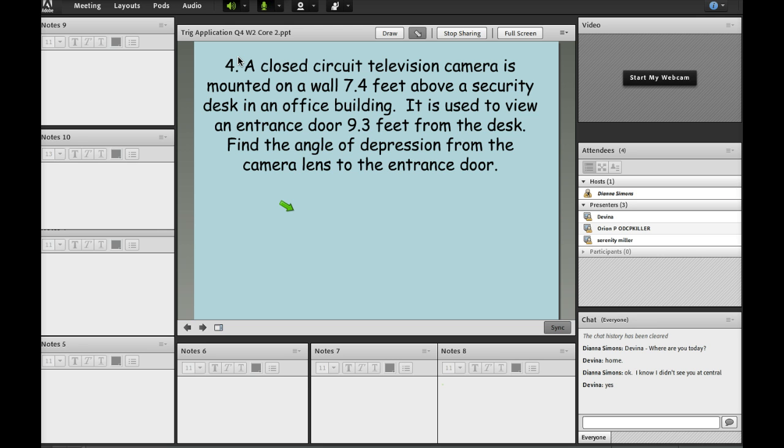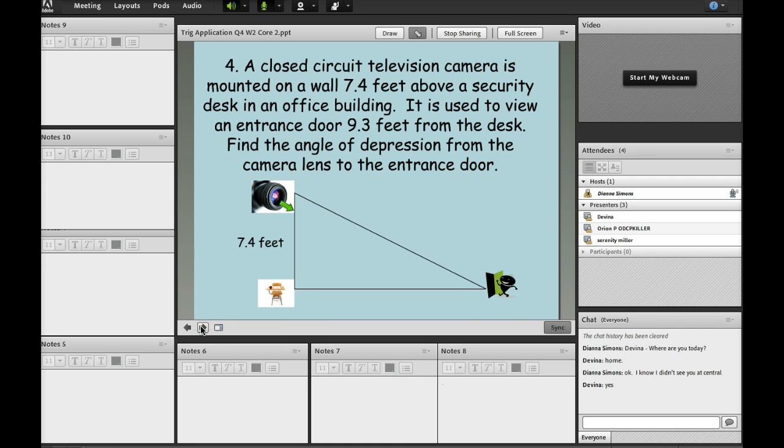So it's pretty typical of something that you would see in any kind of store anymore. They have those security cameras. So here's the picture. There's the camera, there's the desk, and it's 7.4 feet above, and here's the door. The other thing that we know is that it is 9.3 feet away from the desk.